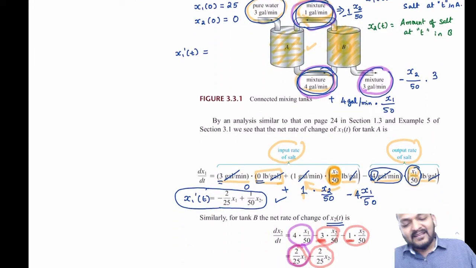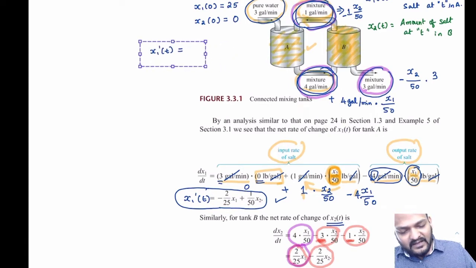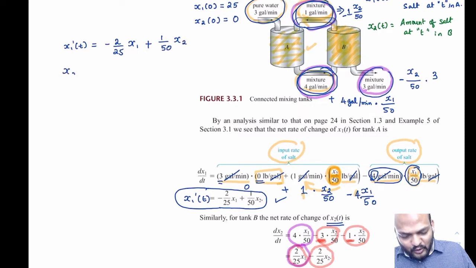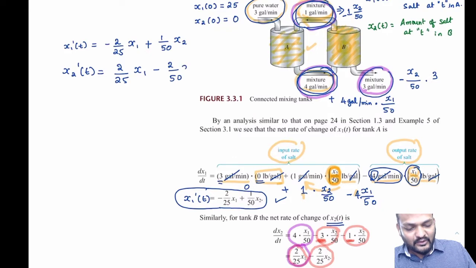And when we do that, the differential equation that we get is the following: x1 prime of t equals minus 2 over 25 x1 of t plus 1 over 50 x2 of t, and x2 prime of t equals 2 over 25, it's positive, x1 of t plus minus 2 over 50 x2 of t.